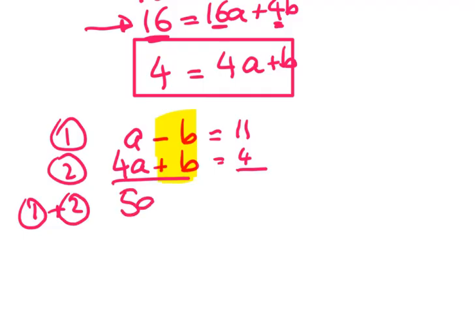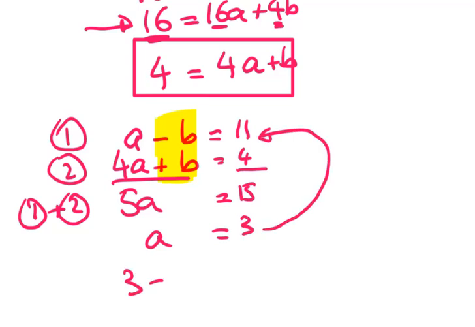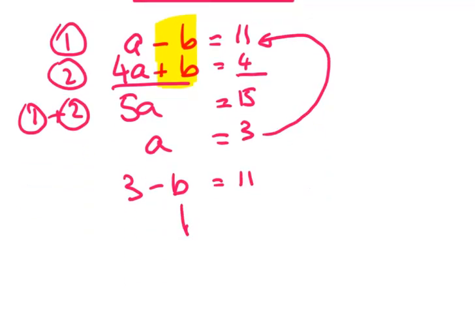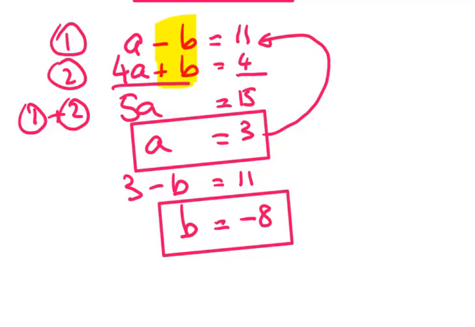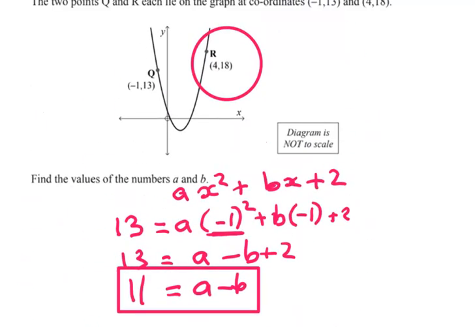That gives me 5a is equal to 15. a must equal 3. Substituting that into here, 3 minus b is equal to 11, so b is equal to -8. Okay, so we've figured out our a and b values, and I think that's all we had to do for that question. Yep, find the value of the numbers a and b.